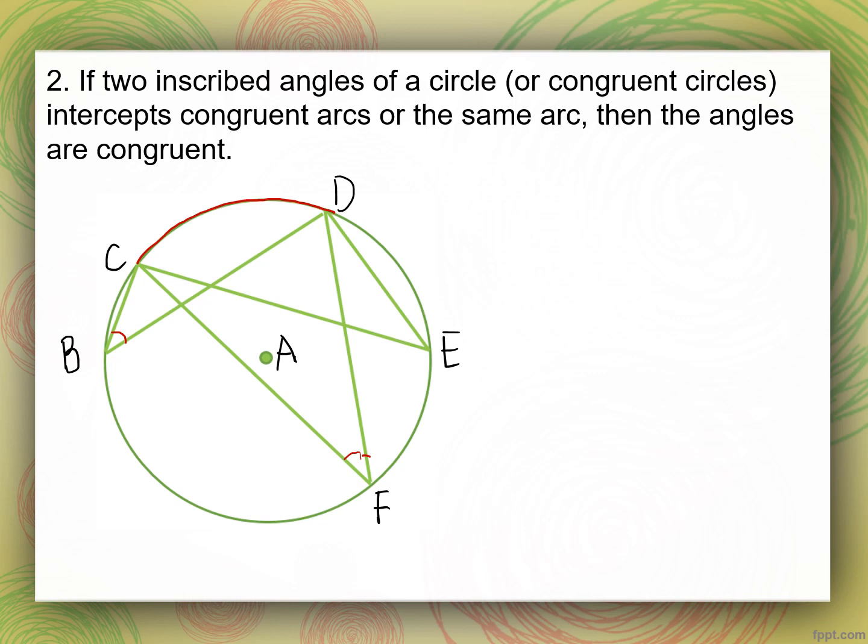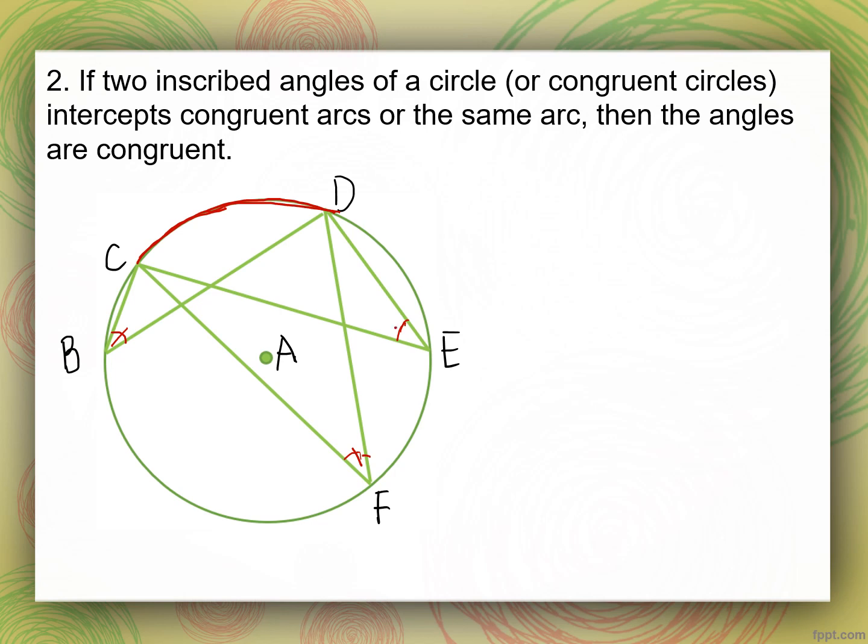And the same thing with angle CED here. Angle CED is an inscribed angle which intercepts the same arc, arc CD. So the three inscribed angles here, angle CBD, angle CFD, and angle CED, intercept the same arc. Because of that, we can say that these three angles are congruent.